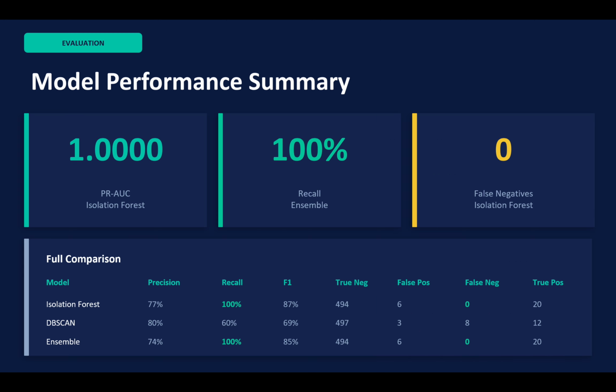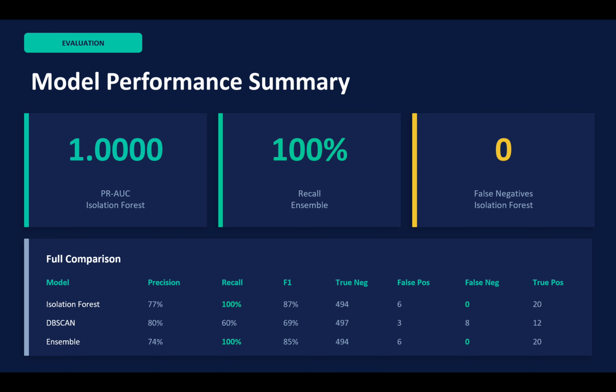So the metric summary is basically how everything performed. Isolation Forest has basically 100% recall, zero false negatives. DBSCAN has 80% precision but 60% recall, and the ensemble has 100% recall, 74% precision.